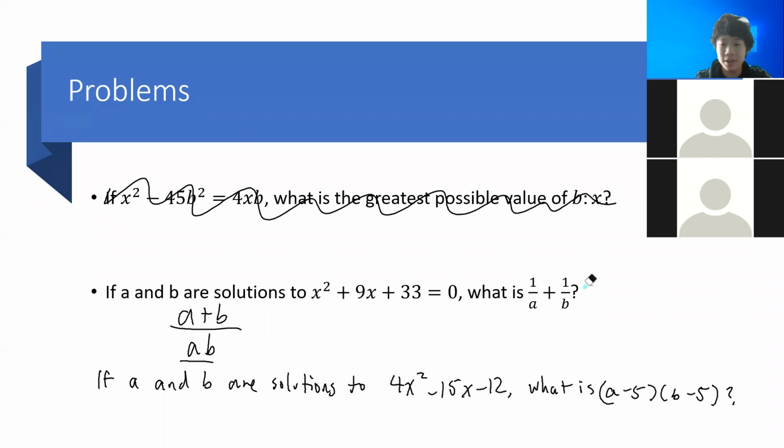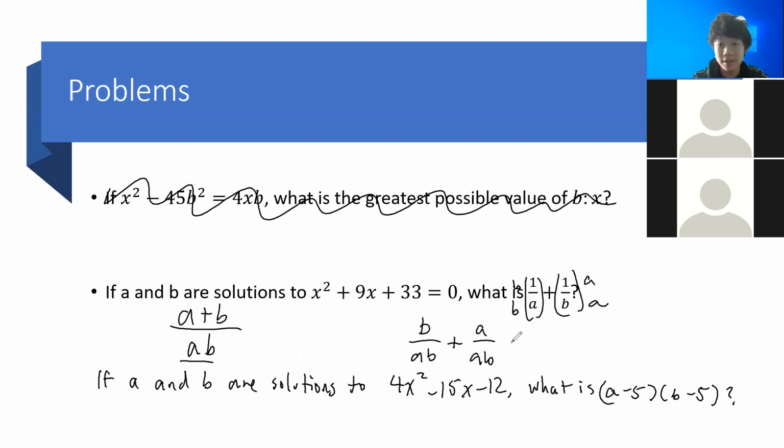So one thing we can do is directly add these two into one fraction. Okay, so how do we add fractions? We want to get the least common multiple of these two numbers in the denominator, right? So we're going to have to multiply this by b on the top and bottom, and this by a on the top and bottom. We're going to get b over ab plus a over ab.